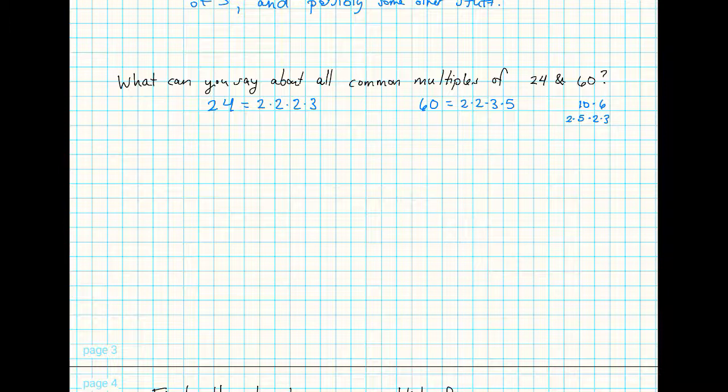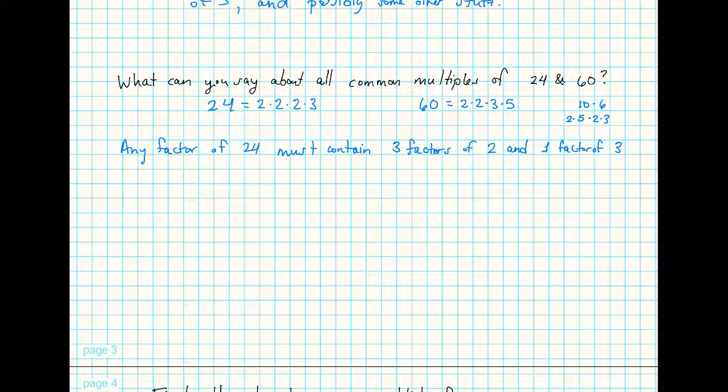Let me write that. Any multiple of 24 must contain at least 3 factors of 2 and 1 factor of 3.